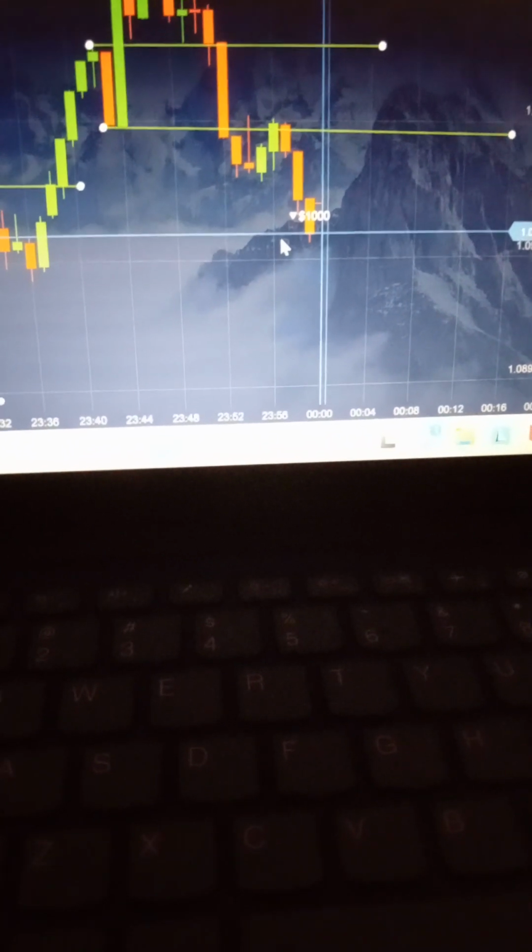You don't just jump into a trade because price breaks through support or resistance on the time frame that you're on.